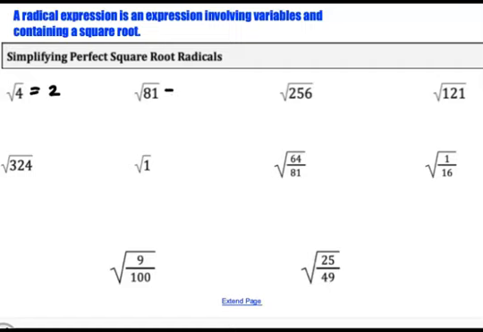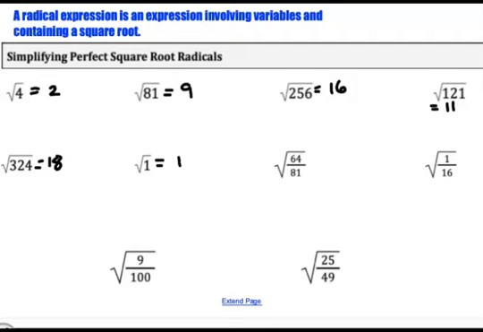All of these are things that you do not get a decimal for, so we're able to evaluate the square root and write a number that doesn't have a radical over it. The square root of 81, 9 times 9 is 81. The square root of 256, well, 16 times 16 is 256. 11 times 11 is 121. 18 times 18 is 324. 1 times 1 is 1.